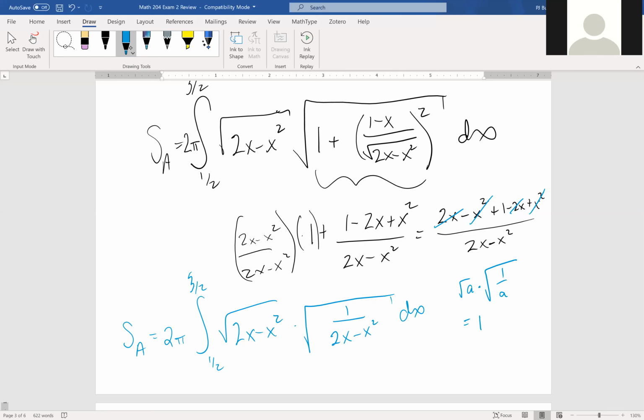Right, because if I multiply these 2 things together, then I put them both under a single radical, and you just get square root of 1 or 1.